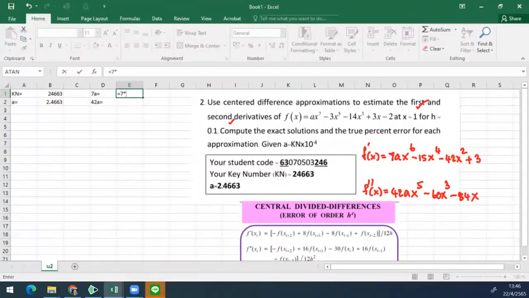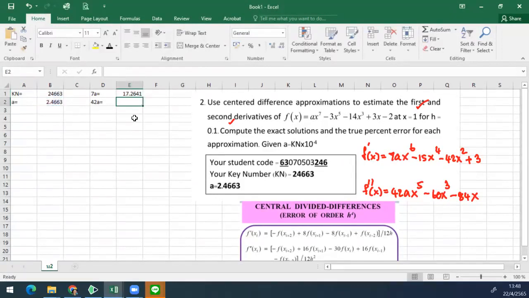Please wait a minute, I think my internet is maybe okay. Then we have 7a, and 42 times a. And then we may determine the exact solution first.